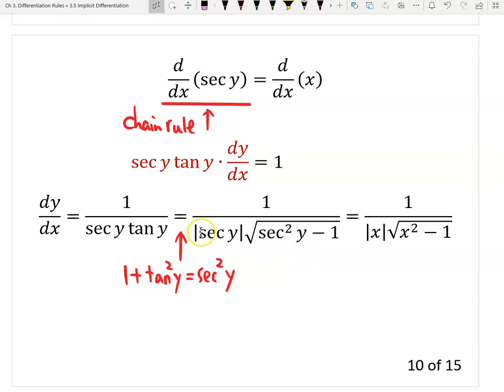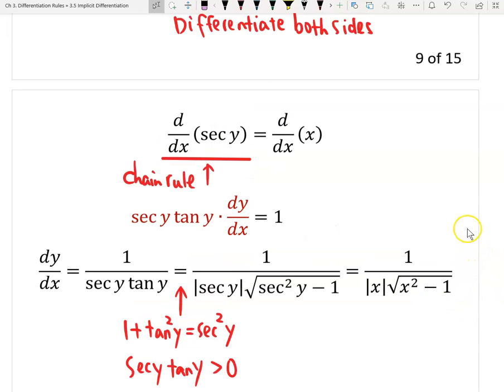Yeah, that's good. But why we have absolute value and why here we don't have a sign? Okay, all we need to do is look at the denominator at 1. And I say the denominator is always positive. Therefore, I have to put the absolute value. Okay, we need to make sure the denominator is always positive. Because secant y times tangent y is always positive. Let me look at where is y.